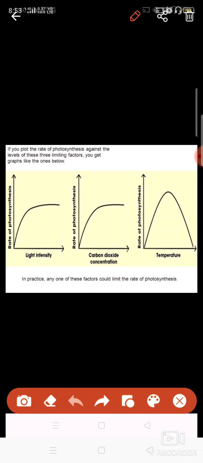So see, when the light intensity is increased, there will be an increase in the rate of photosynthesis. But if the light intensity is increased further, then the rate of photosynthesis will become stable. It will neither decrease nor increase; only up to a certain amount of light is required. If we increase more light, there will be no increase or decrease in the rate of photosynthesis. It will become stable, constant.